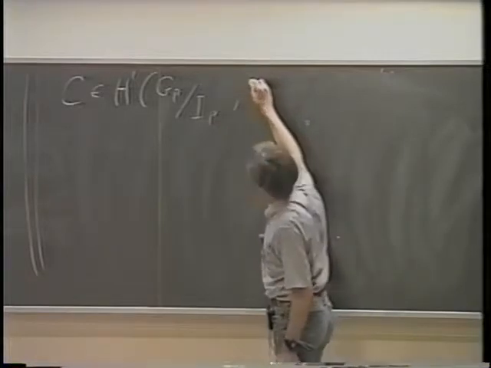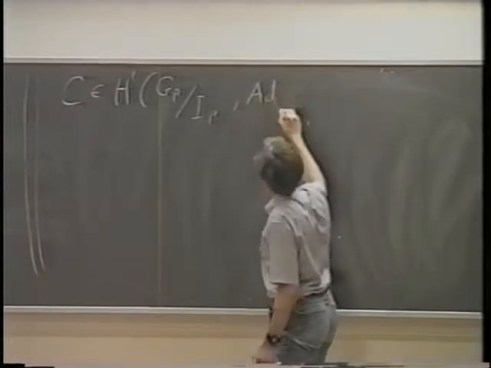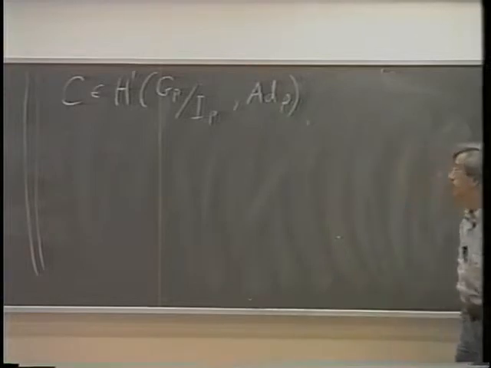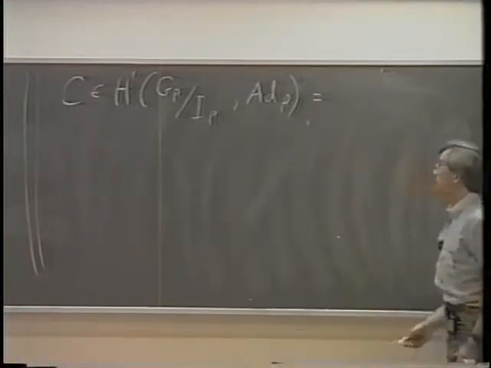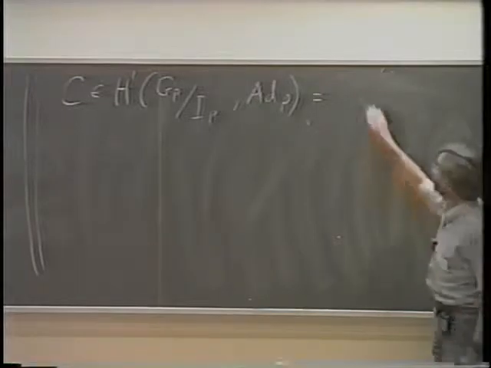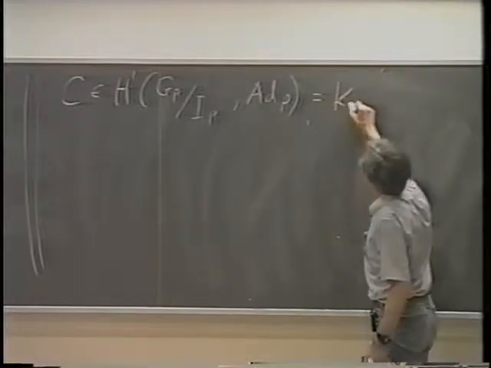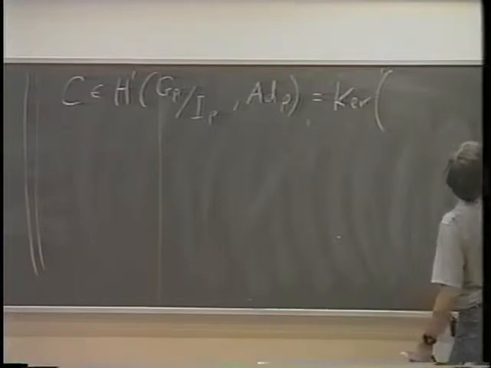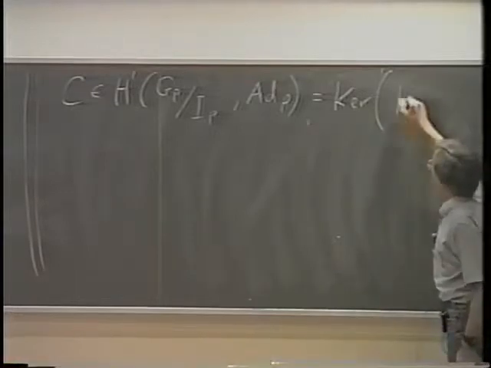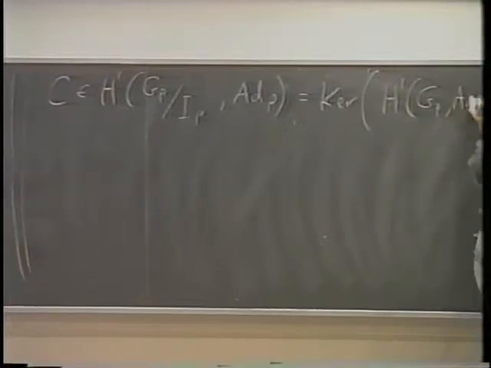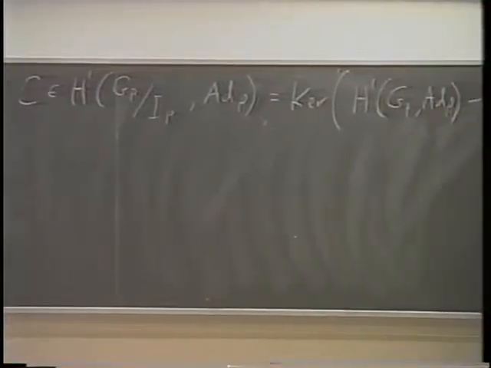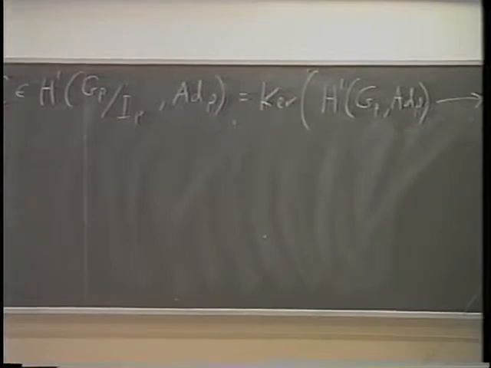And let's say we write add rho. We could just as easily write add naught of rho. Okay, well, remember last time from the inflation-restriction sequence, this we could represent as the kernel of the restriction map from H1(GP, add rho) into H1.